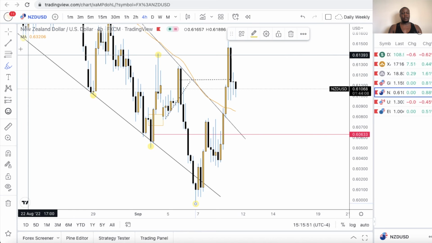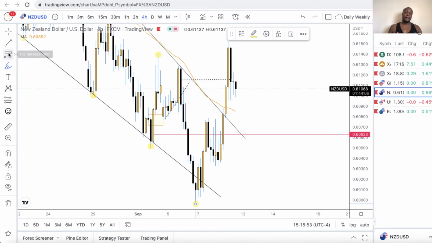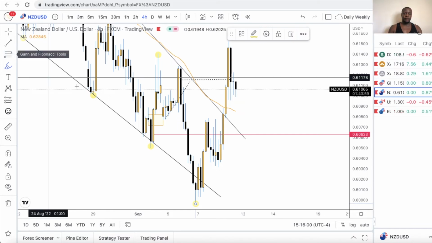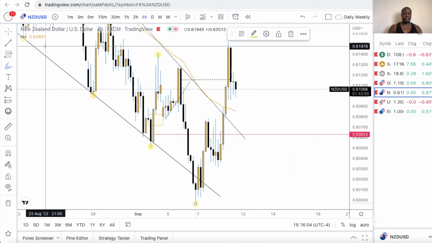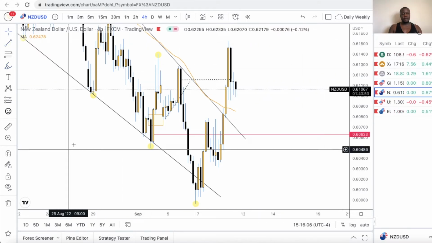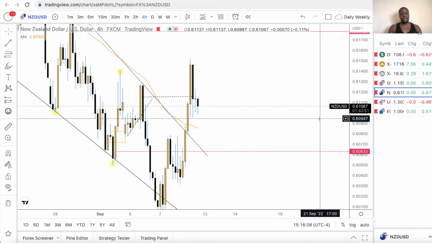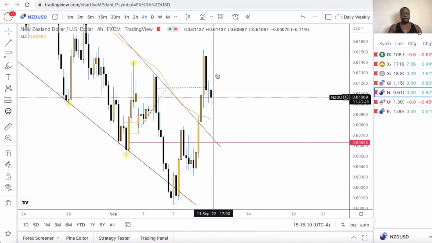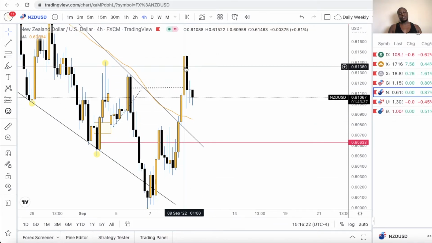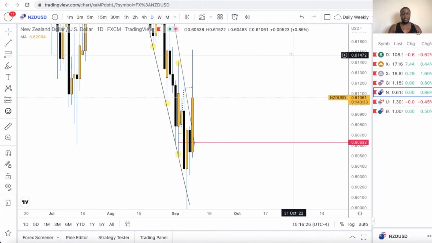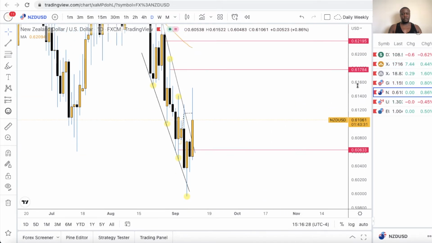So as for now, we could possibly say that the market is, I would say, short-term bullish for now. The reason why I say short-term bullish is because the dollar just has been dominating the market for the last couple of months, and we only have the crossover on the moving average on the 4 hour, but if you check the daily, we're way below the moving average.